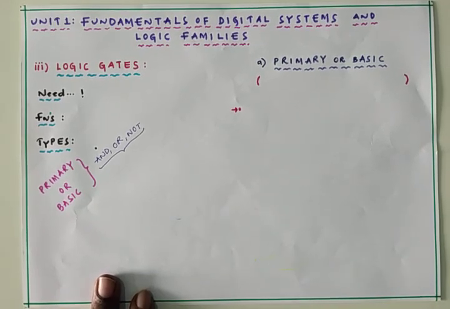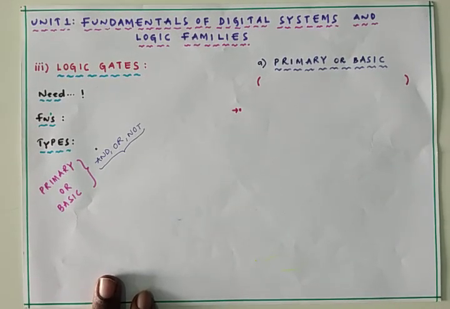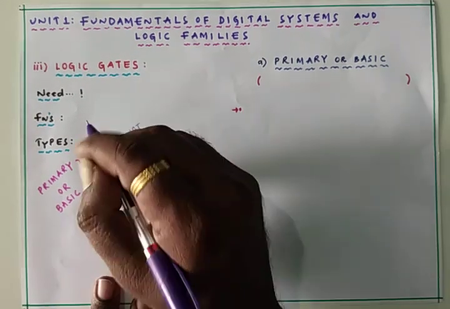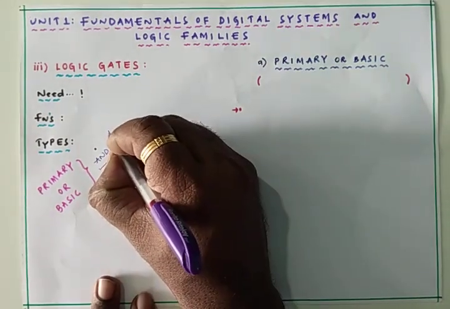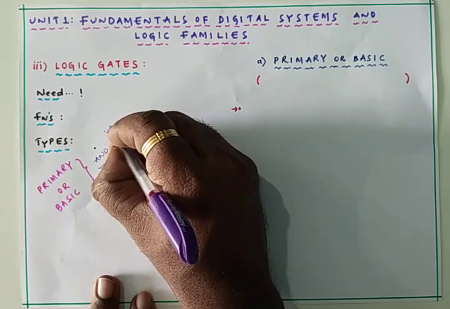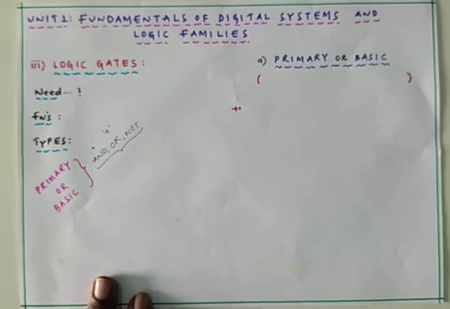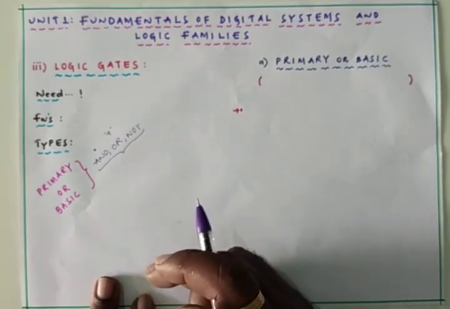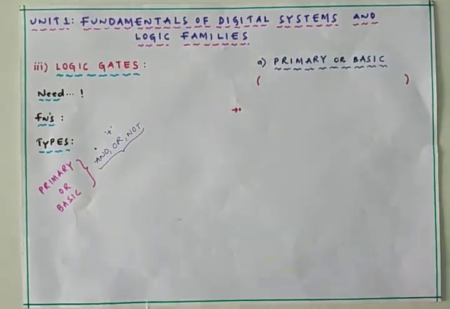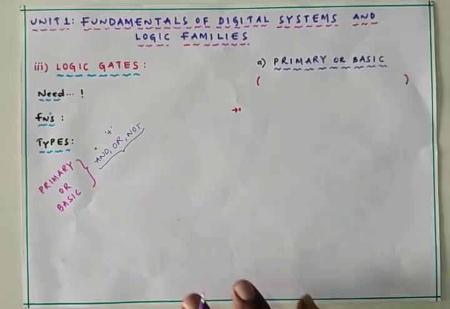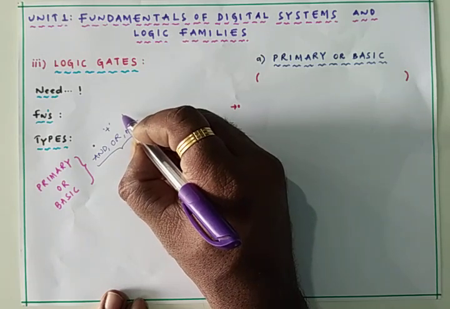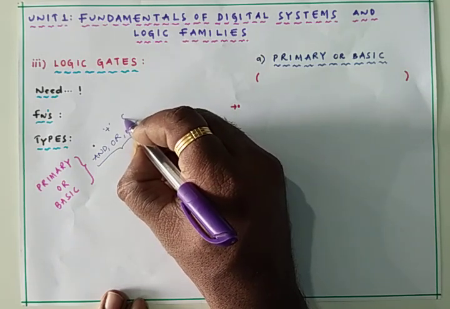OR gate performs the logical operation of addition, so by using the OR gate, we can perform the logical addition of the input signals. The NOT gate is also called inverter gate. By using the NOT gate, we can make the inversion of the input signal, or we can call it the complement of the input signal.